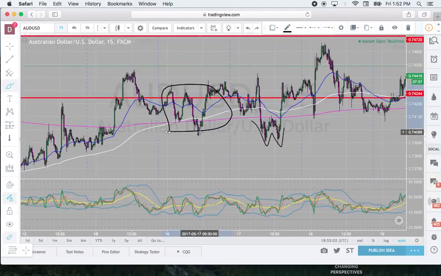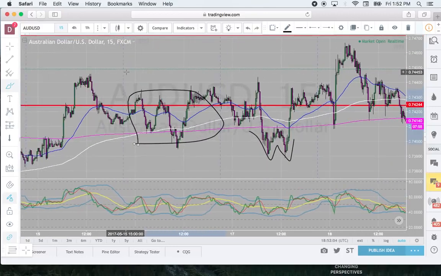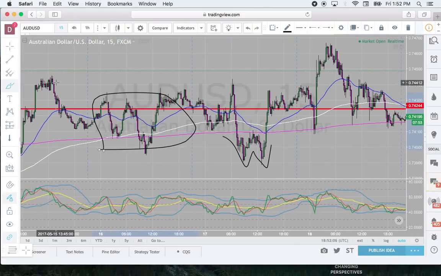So here we can see the market is basically downtrending, and then price comes down, makes the W below all the EMAs, and then comes up again. So it resets the uptrend. It comes down, resets the uptrend, and then comes up.